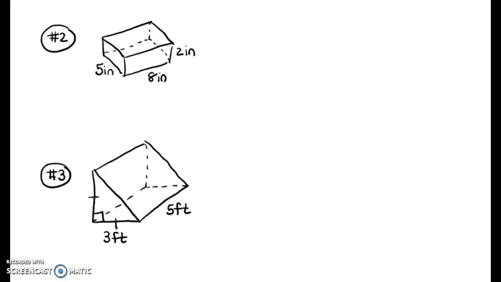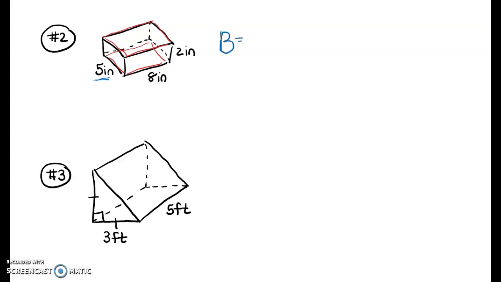All right, so how do you find the volume of this? Again, I'm going to choose my base to be the top and bottom of my box. The formula for my base is just length times width.